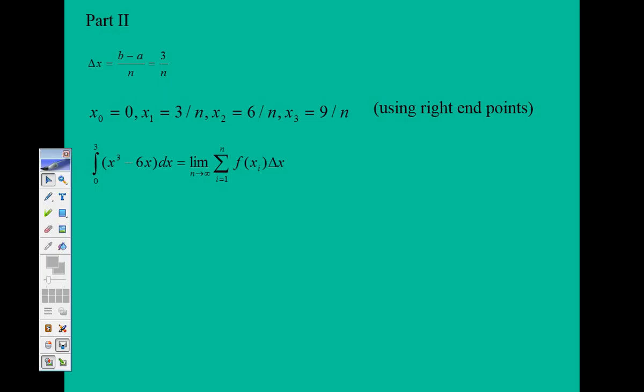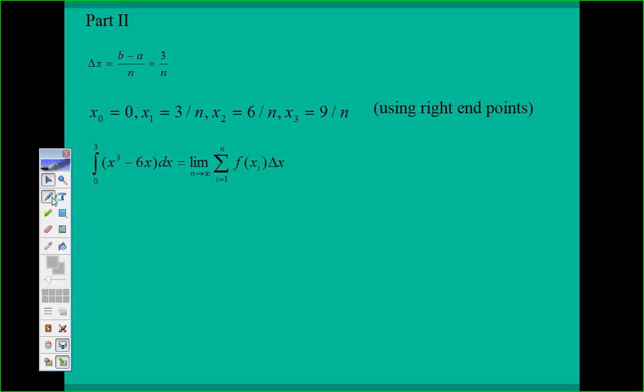And so if we use our right endpoints, we know that our x sub i, using our formula, is found by taking a plus delta x times i if we're using the right endpoint.